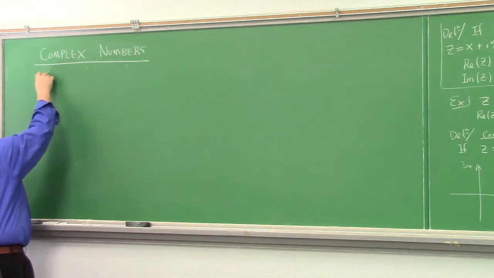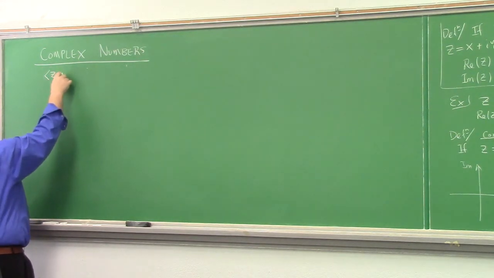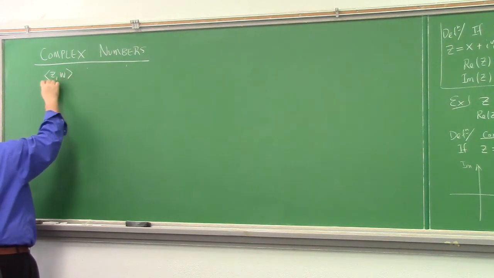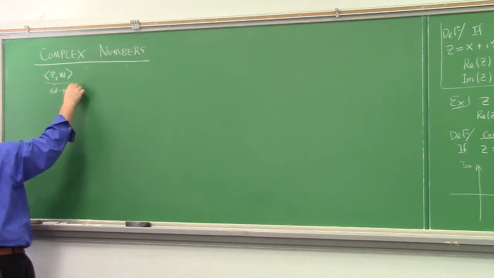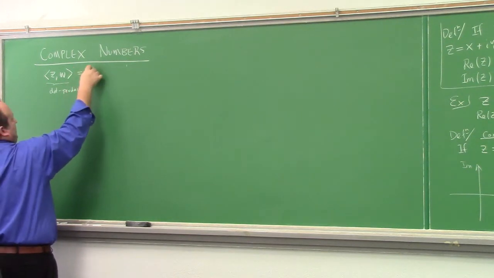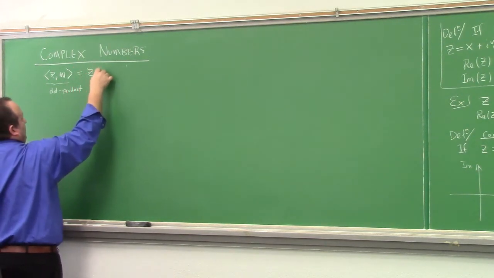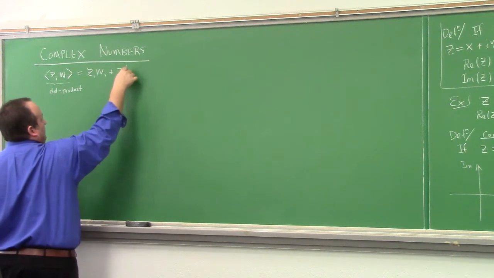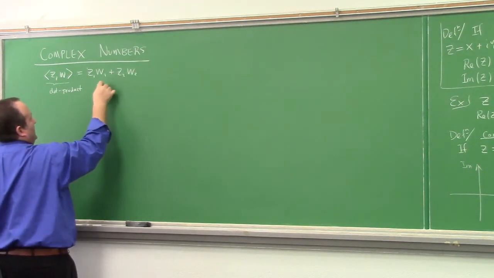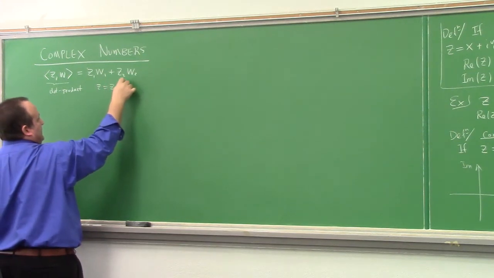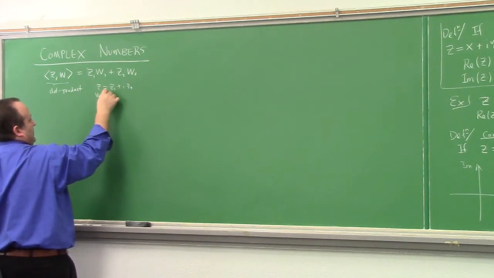So if you say that this is the dot product, this would be Z1 W1 plus Z2 W2, where Z is Z1 plus iZ2, and W is W1 plus iW2.